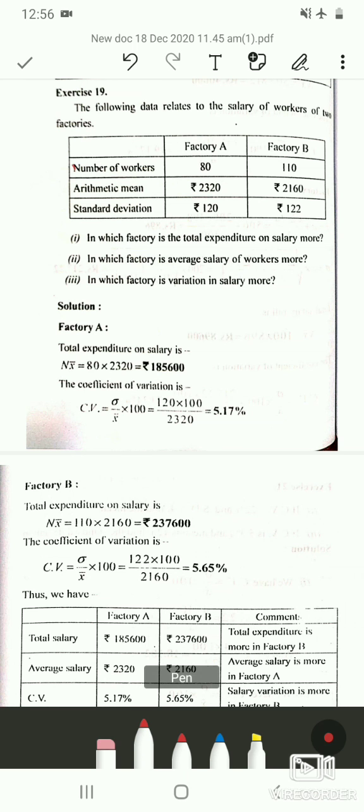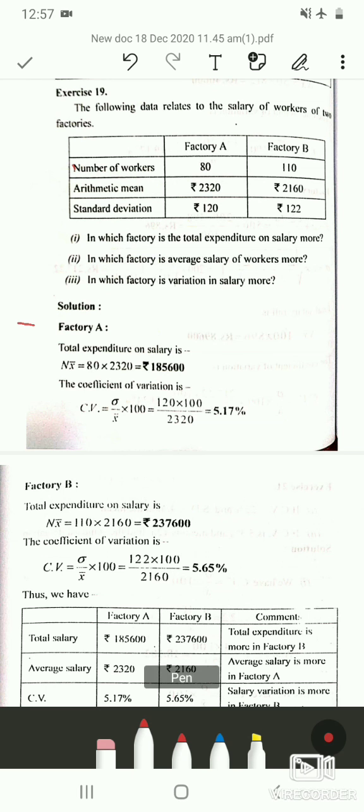All you have to do is substitute the given values in the formula of coefficient of variation and then compare. So this is your n1, and this is your n2, and this is your x1 bar, and this is your x2 bar, and this is sigma 1, and this is sigma 2, or you can say A and B in case of suffix 1 and 2. So you have all these values.